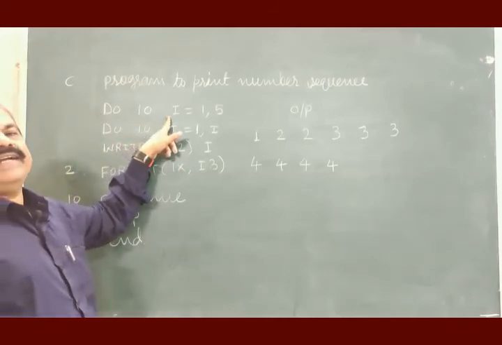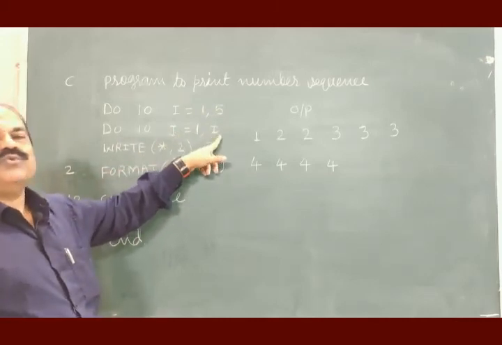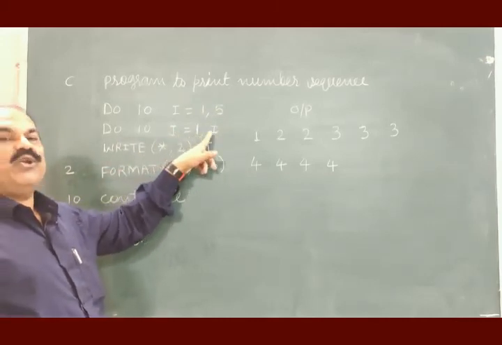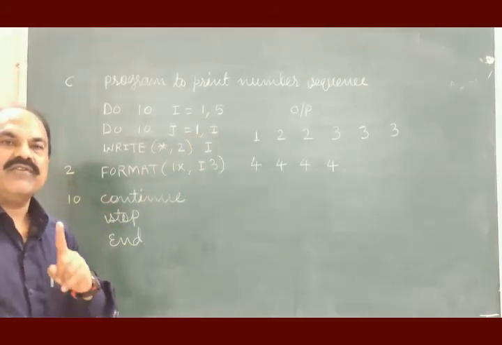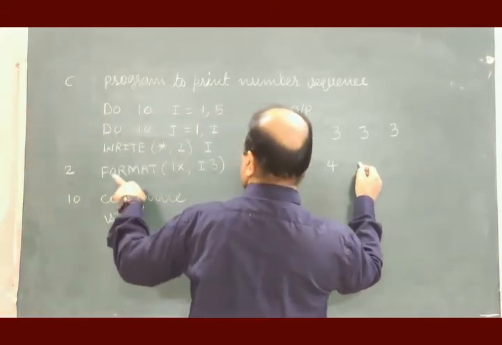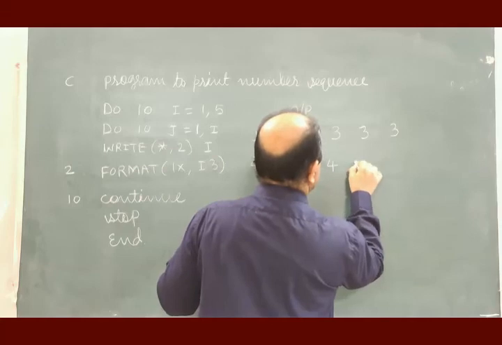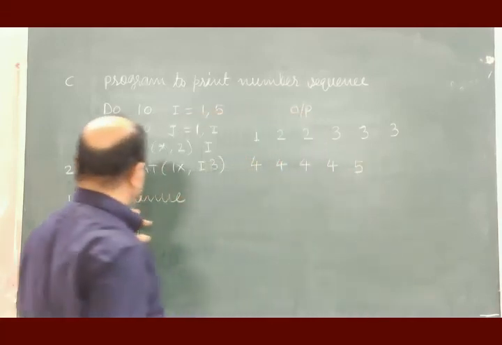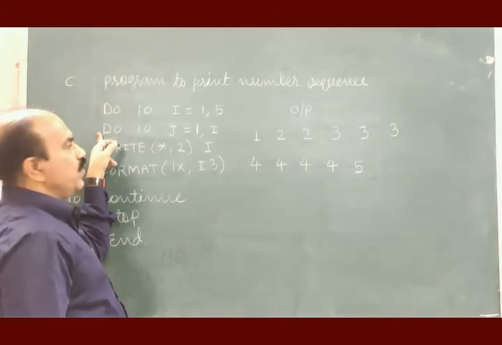I is incremented to 5. J is equal to 1 to 5, that is, 1 is the initial value, 5 the final value. Increment is by default 1. And 5 is printed according to this format. 5 is printed here. Then continue. Control goes to the inner do loop.